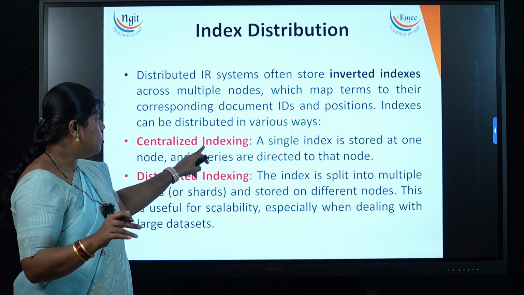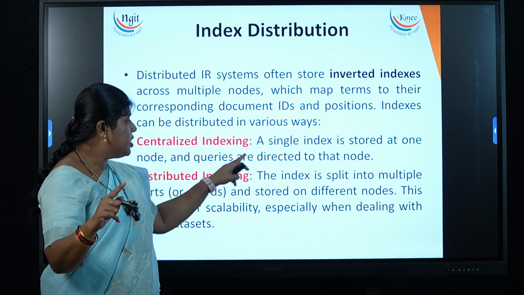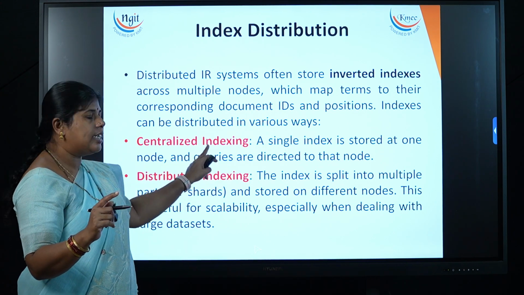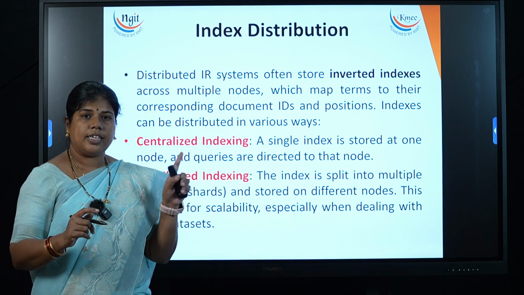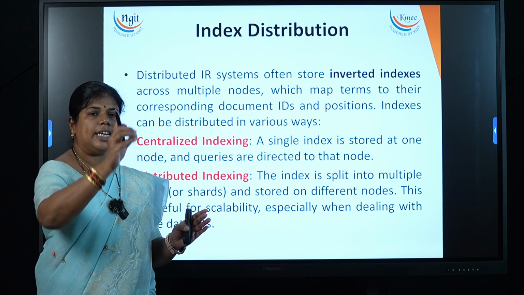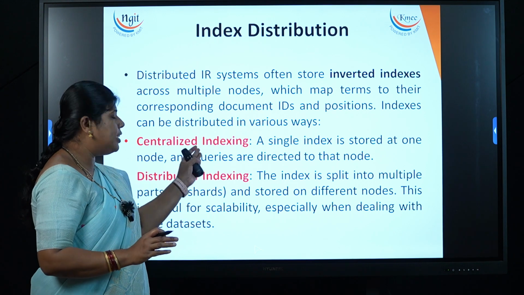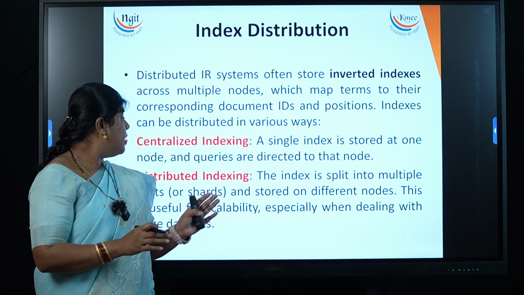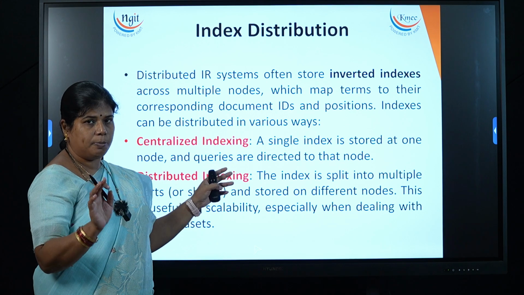When you are making use of only one index which is stored at one node, that is called a centralized index. Centralized index means the index is stored in only one place. Though your data is divided globally, the index is stored in only one place, and from there the queries will be directed.